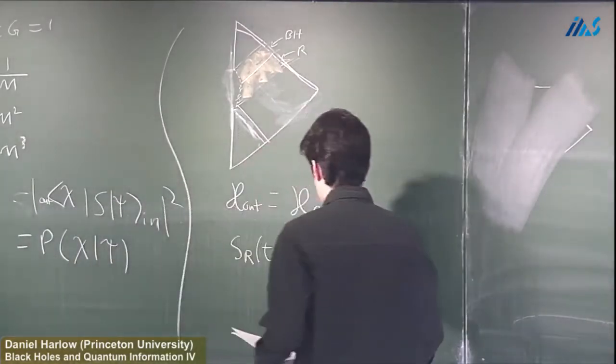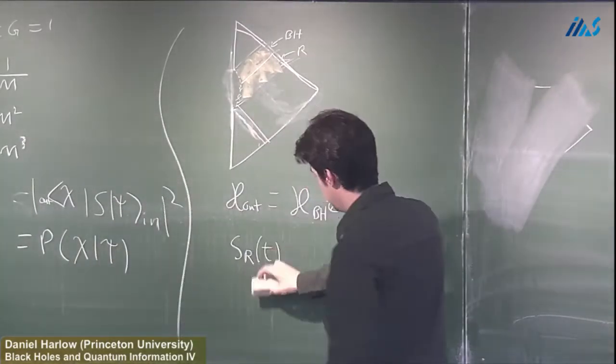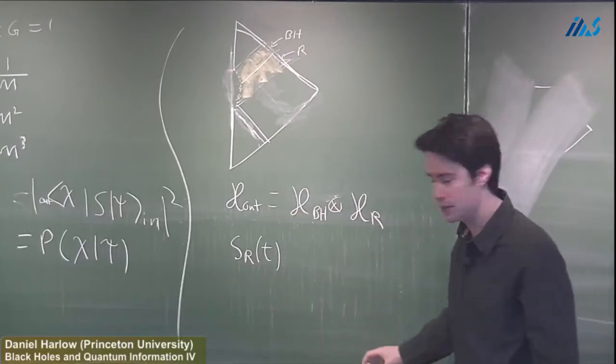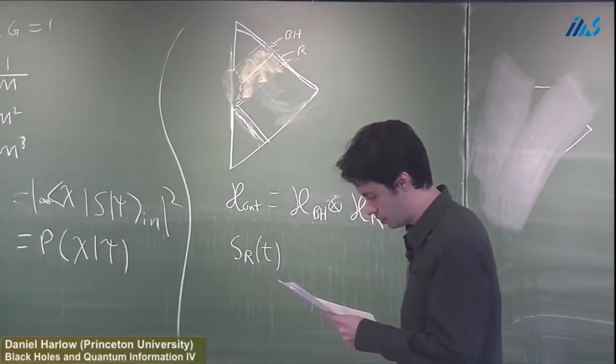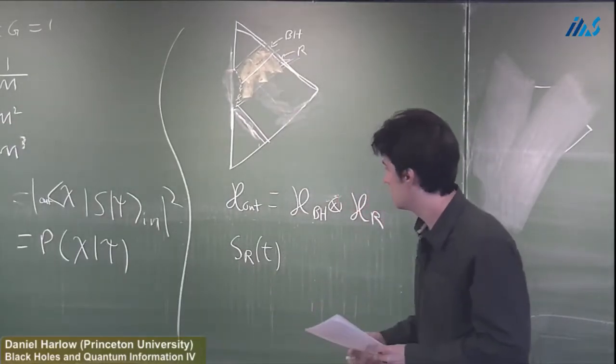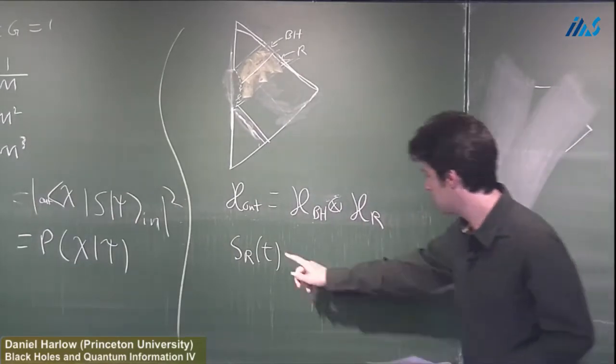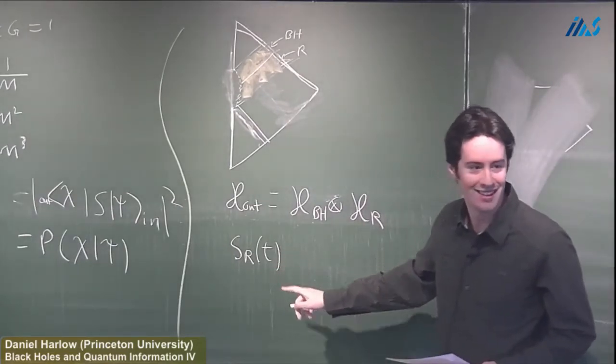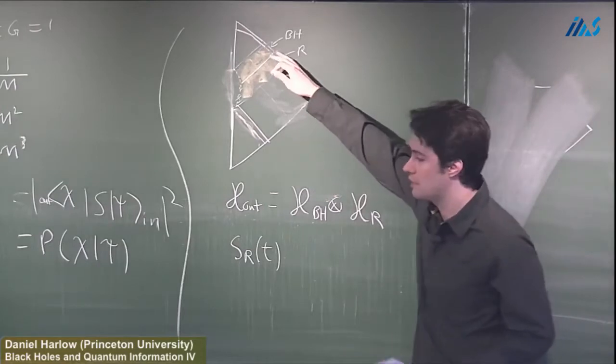So let's think about what we expect this function S_R of t to look like. Well, the first comment is that for the reasons that Rob was saying, actually this S_R of t is infinite because this state is the state of a quantum field theory.